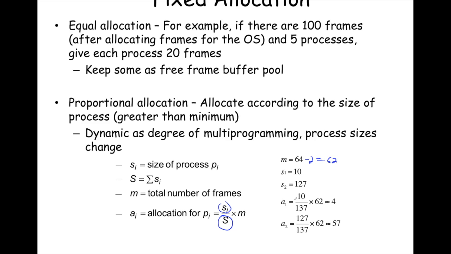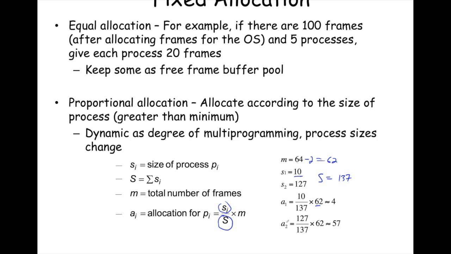So you take your S1 and S2 and compute S as the sum of S1 and S2. That's 137. That's going to be the denominator. And for a1, the allocation of process P1, that's S1 divided by that total S. That's 10 over 137. We'll multiply that by M, and that's roughly equal to 4 frames for process P1.